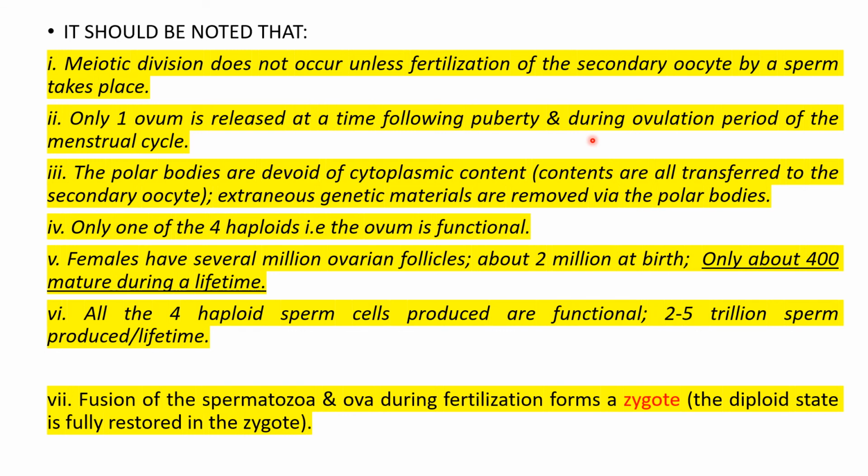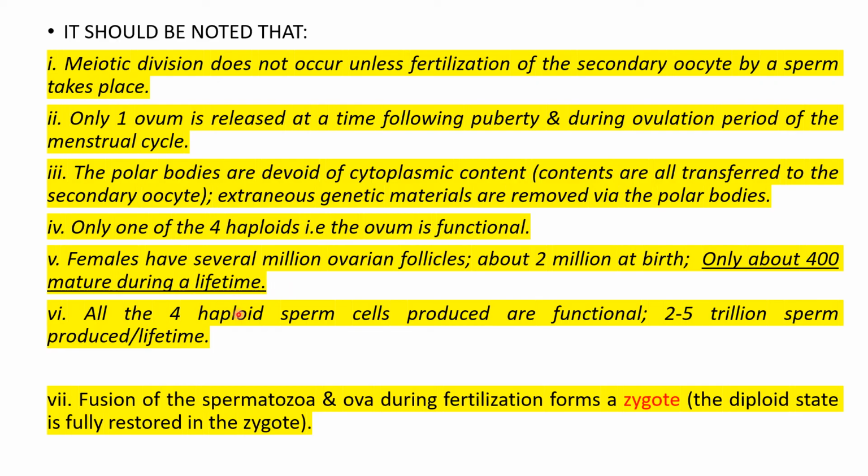5. Females have several million ovarian follicles, about 2 million at birth, but only about 400 mature during a lifetime. 6.